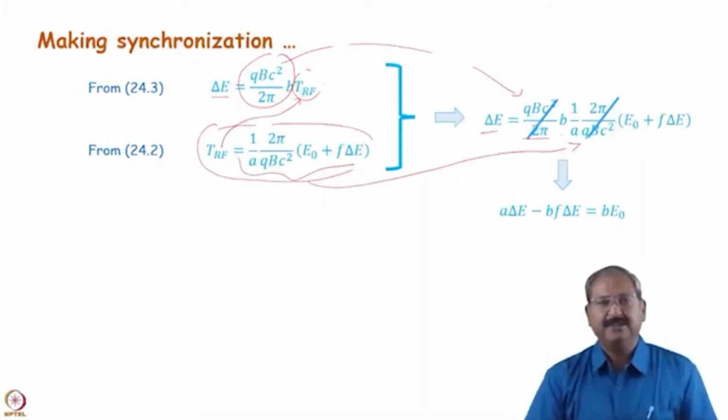Means we have two integers: A for making the synchronization for the first orbit, and another, B, for synchronization of the change in revolution time in consecutive orbits.